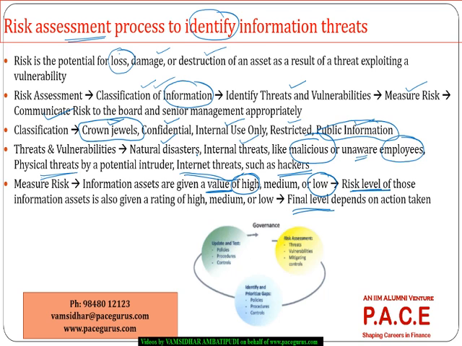First thing, classify all your information assets, then identify what kind of threats and vulnerabilities are possible to each kind of information, have a proper process in place to measure the risk and communicate the same to the board and the senior management. Right? So in short, as a part of the risk assessment, we are looking at the threats, the vulnerabilities, getting into the mitigating activities, the controls.